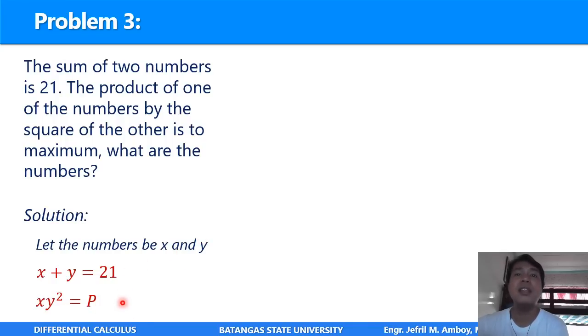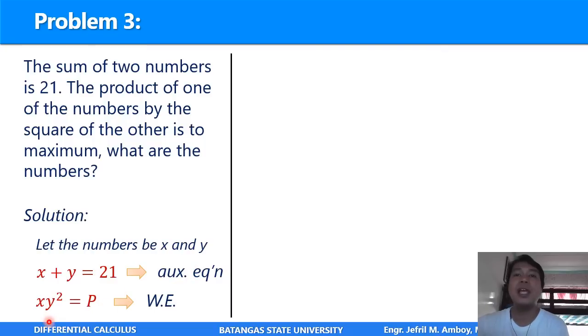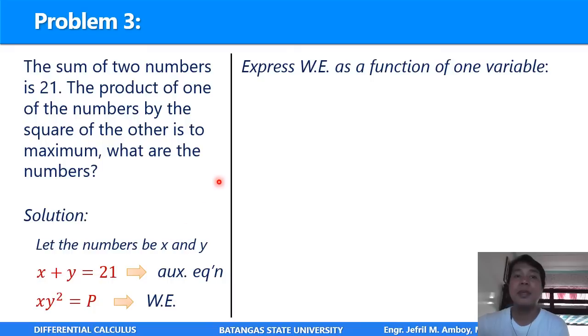Is it the first one or the second one? Okay, that's the product. Yes, so that's the second one. This is our working equation, and this, of course, is our auxiliary equation. Now, looking at the working equation, we have two variables, x and y. Now, our next goal is again to express the working equation as a function of a single variable.